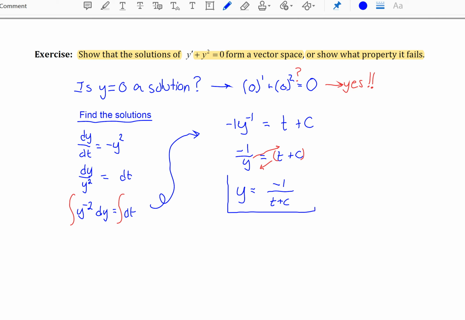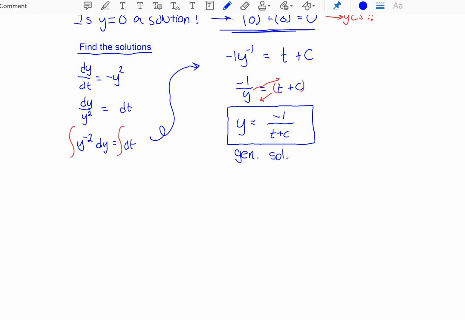And observe, this is what our general solution looks like. Now we know 0 is a solution already. We got that one down. But remember, that's not the property we're required to show. Here we have to show the closure properties.